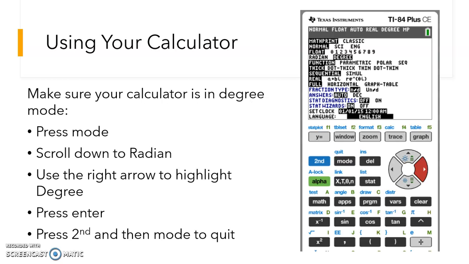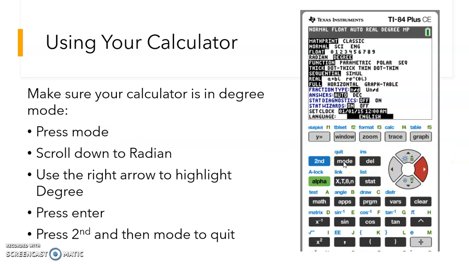You can use your calculator to find trig values. The first thing you need to do is make sure your calculator is in degree mode, because there are 2 different ways to measure angles, degrees or radians. And this year we're using degrees. So press the mode button, which is right here.